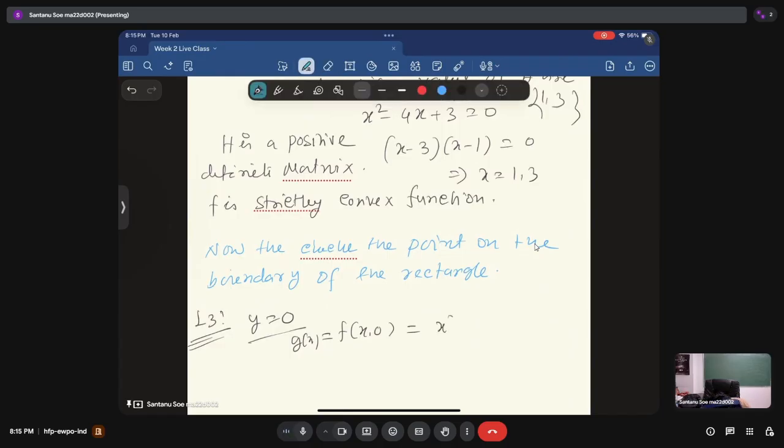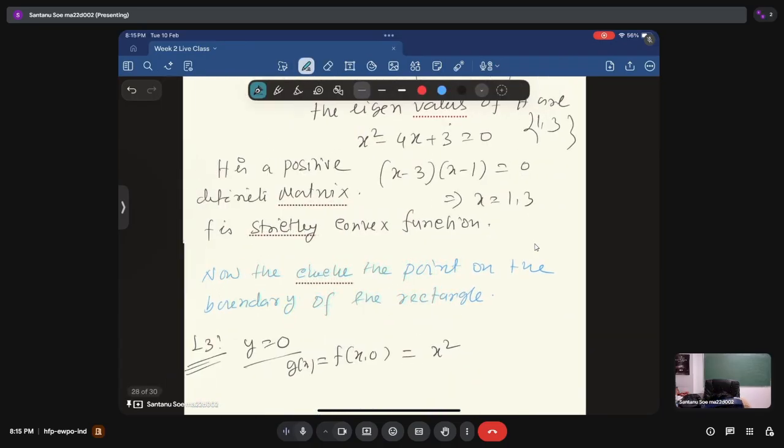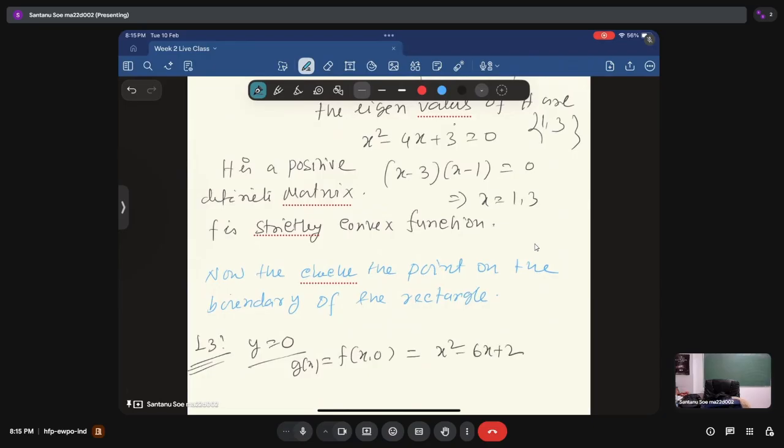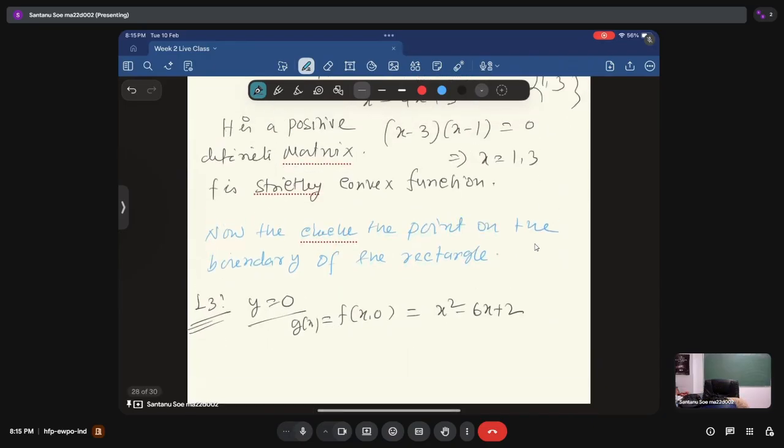So this will be x square minus 6x plus 2. Okay. So now if you just do the derivative, this will be 2x minus 6, and putting g prime of x equals to 0 will imply x equals to 3.